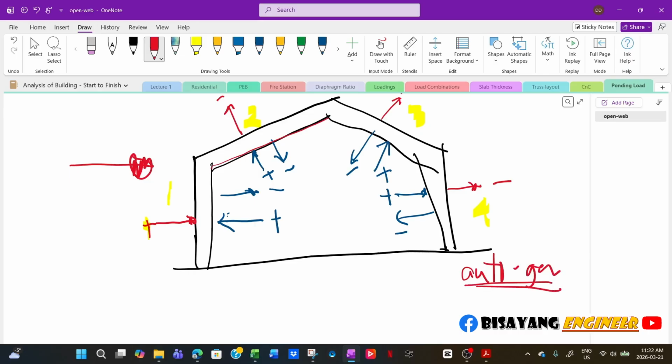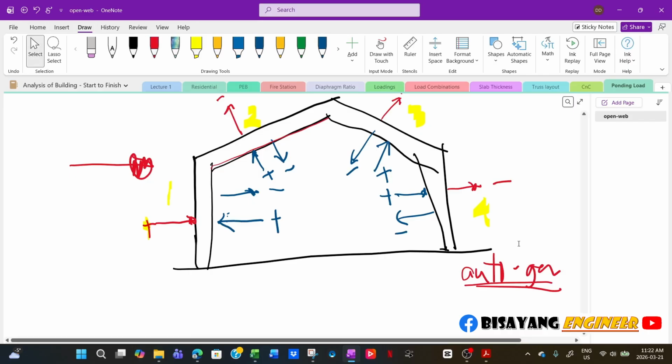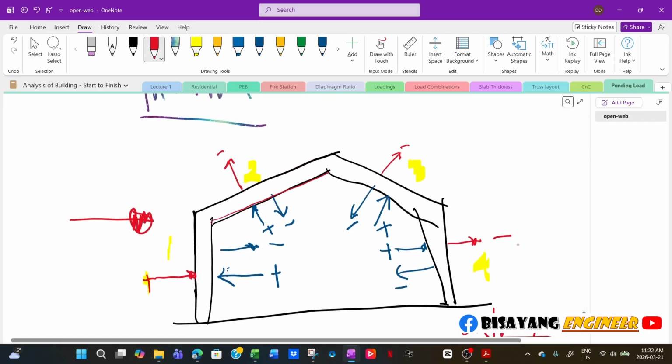I create my own load combinations. Now in my load combinations, this one is not permanent, but it won't change. Like the external wind pressure, if the wind pressure is this way, then that's the direction.